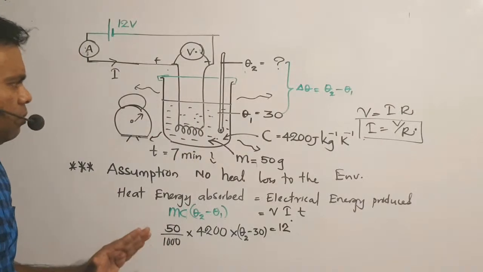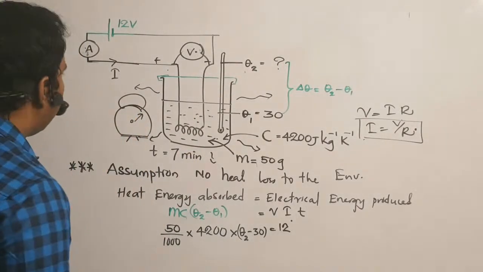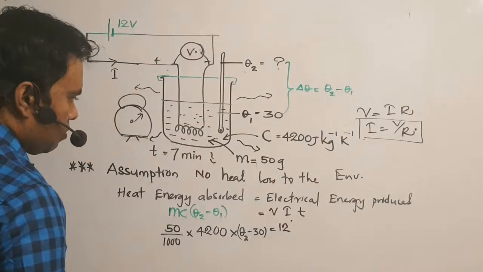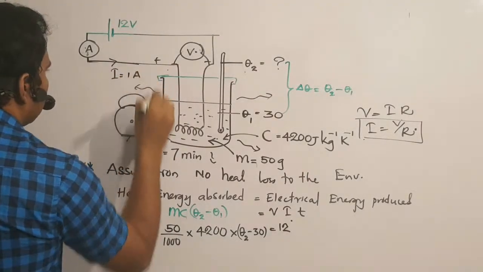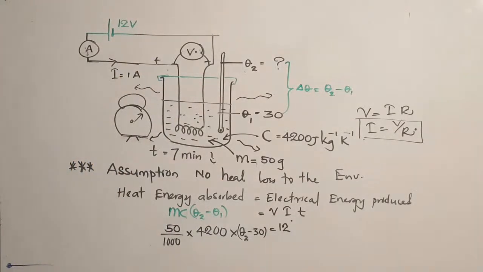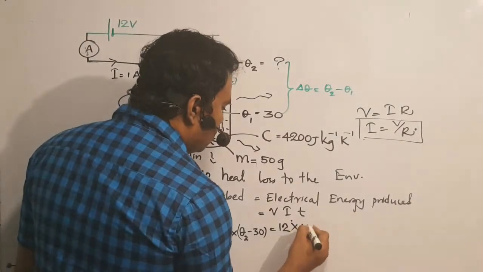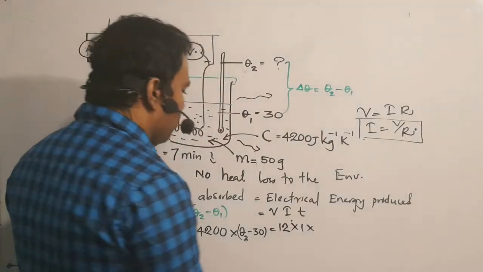Okay. So no matter with that, I'll give you this value. So that's 1 ampere of current. That's 1 ampere of current. 1 ampere of current is a large current. Okay? So that's 1 into time is 7 minutes. Time is 7 minutes.